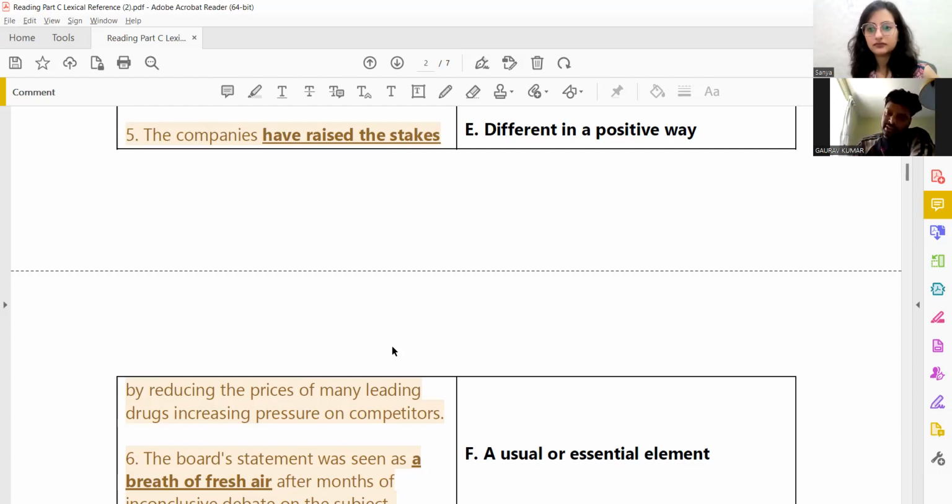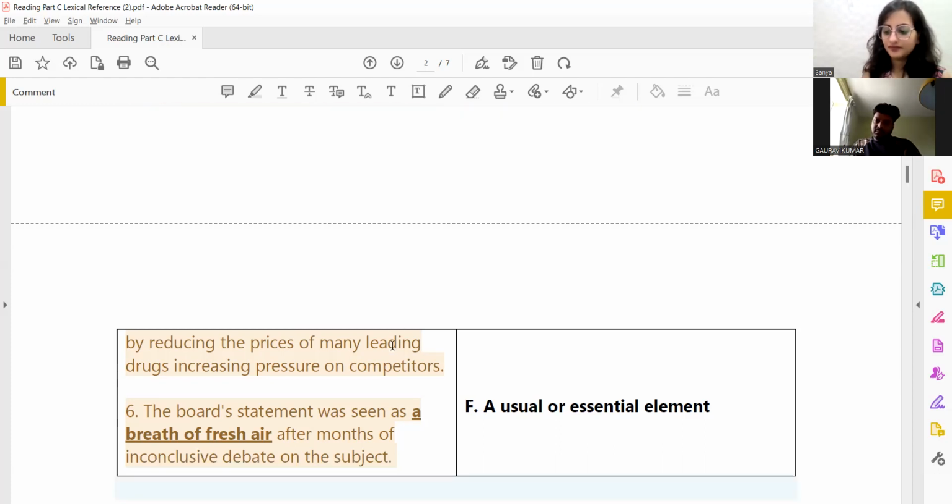Coverage for pre-existing conditions has been a part and parcel of all healthcare plans recently. So you have to choose the meanings. Options A, B, C, D, E, one of them would be correct. Coverage of pre-existing conditions, part of all healthcare plans recently.